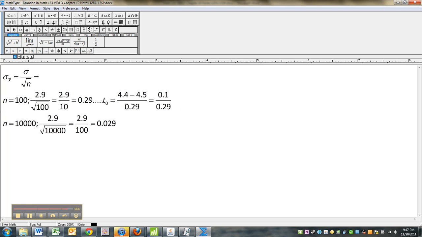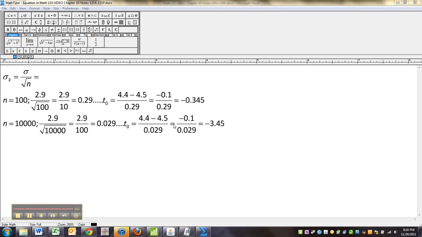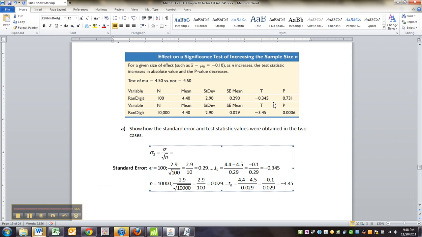Which gets you that number that they got, negative 0.345. And there's the other one. It's the same thing, but divided by 0.029, which makes it negative 3.45. Now, how did I know those numbers, you ask? Well, because they're right here in the table. They were given to you.